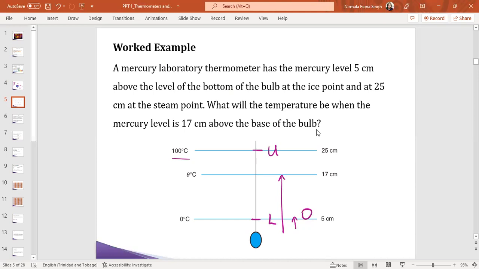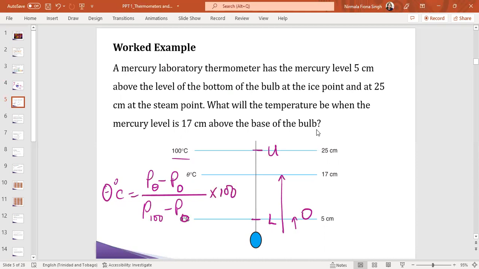So this is where we use the formula to get your temperature in degrees Celsius. It's going to be our property at theta minus our property at 0 divided by our property at 100 minus our property at 0 multiplied by 100, right?